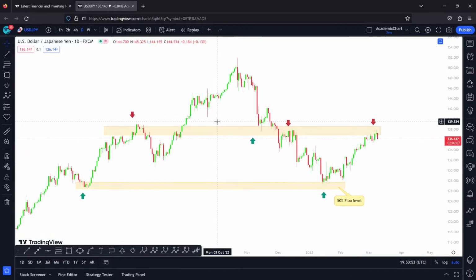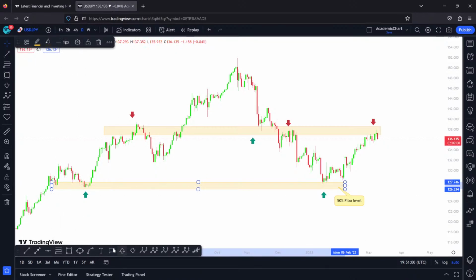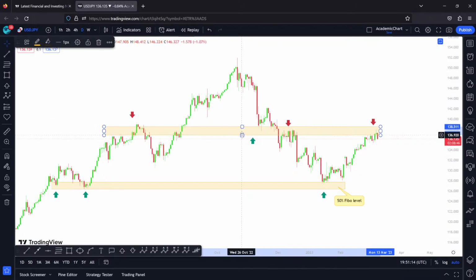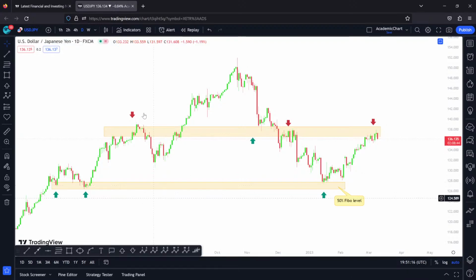Let's zoom out a little bit. Now I can see that it was not the only place that price reacted, because now I'm seeing more details in this previous support zone. If I adjust it better, I can see that price not just reacted on that point, but also at several other points as resistance, some sort of fake out.